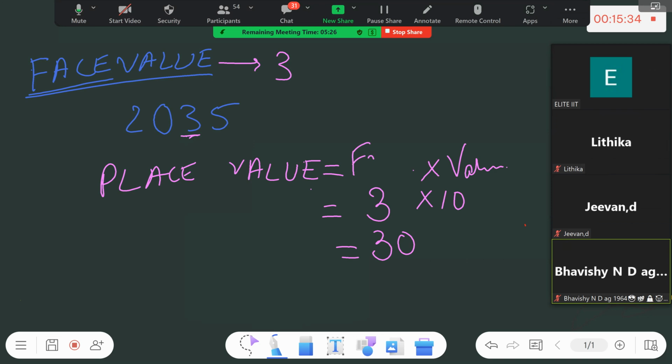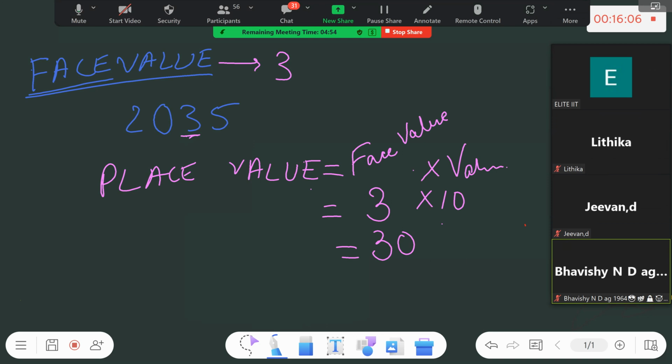Is it okay now? So 3 into 10 is 30. So this is the basics: face value and place value.